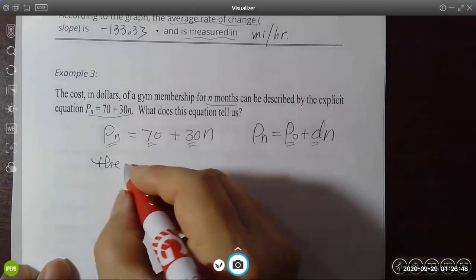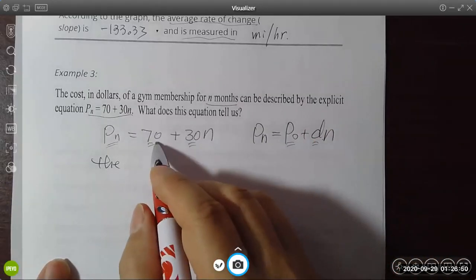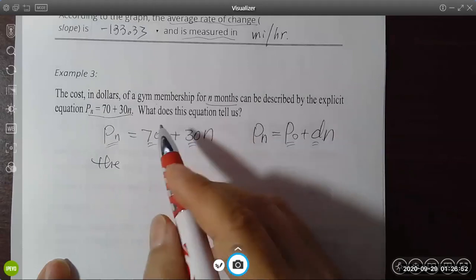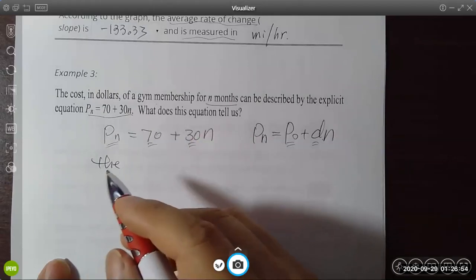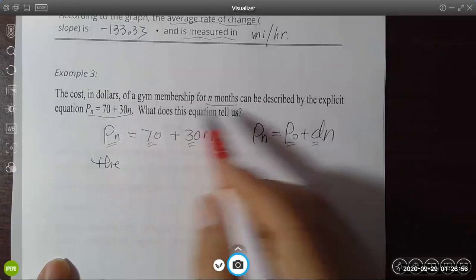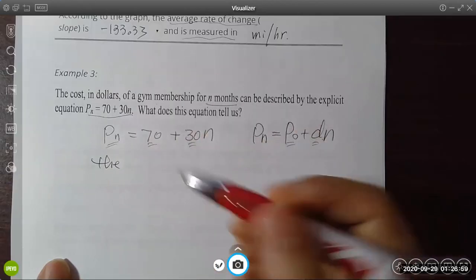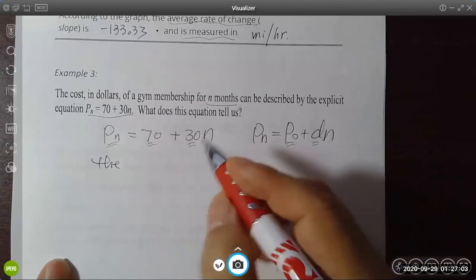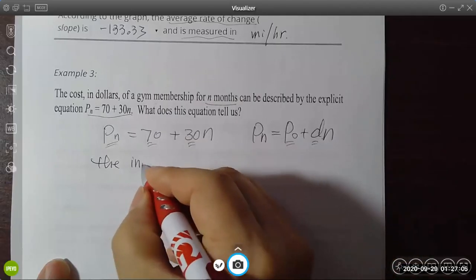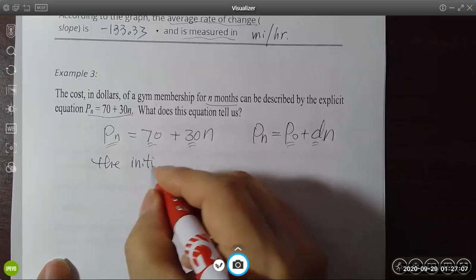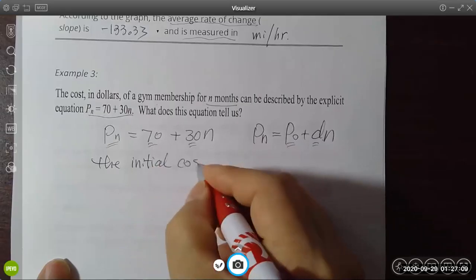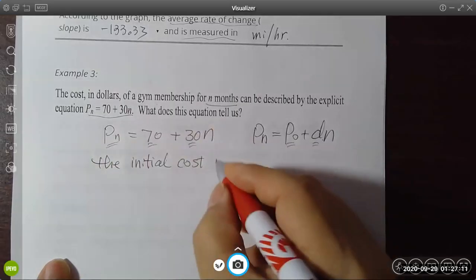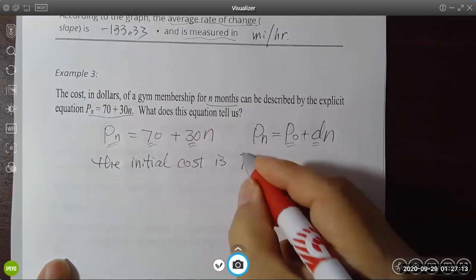Okay, now this is called the initial value, but when you answer this question, you cannot answer initial value using that general word because it's about gym cost. So you have to talk about it using the specific scenario. So the initial cost, you don't say initial value. The initial cost, because this whole thing is about cost, is $70.